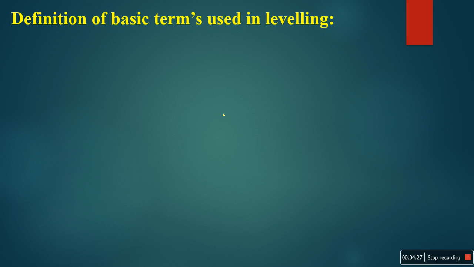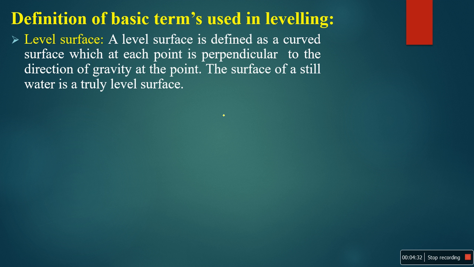Next we discuss some basic definitions used in leveling. In that, first one is level surface. Level surface is defined as a curved surface which at each point is perpendicular to the direction of gravity at that point. So for example, if you consider this is the Earth surface, any point on this surface, at that point it is exactly perpendicular to the direction of gravity, like this.